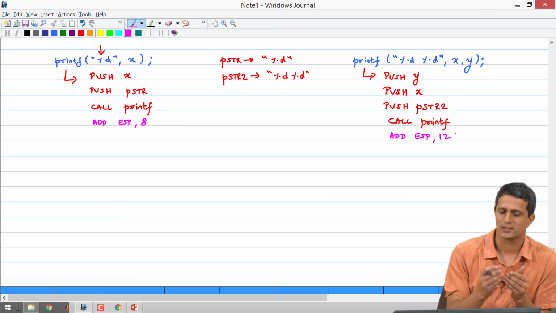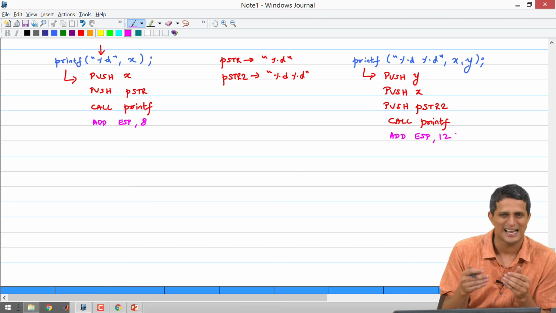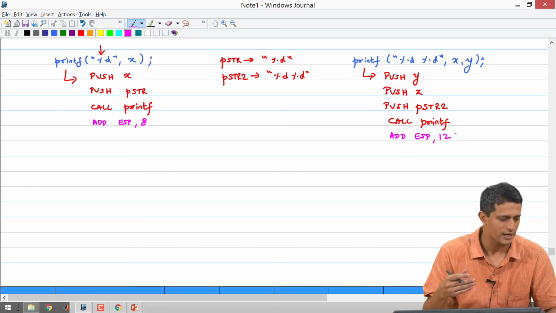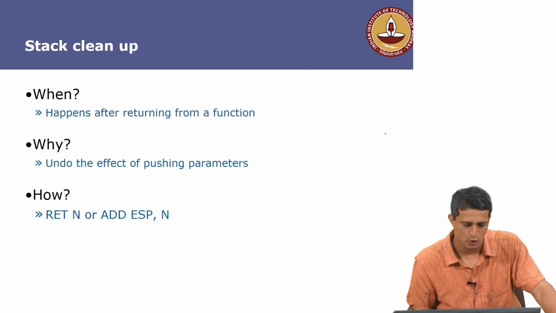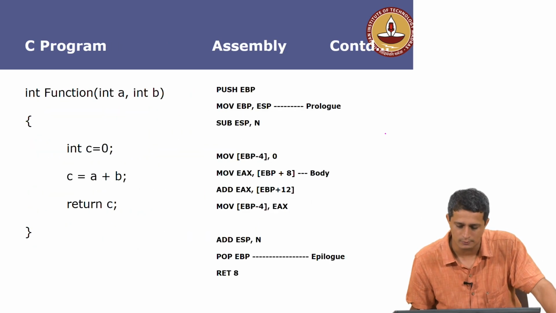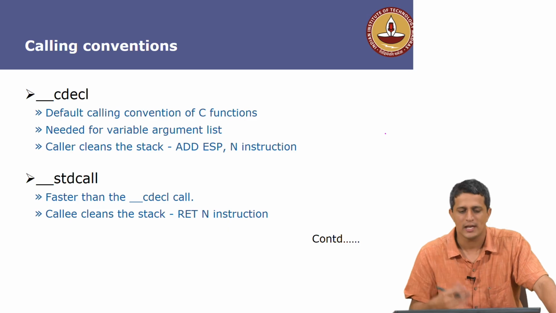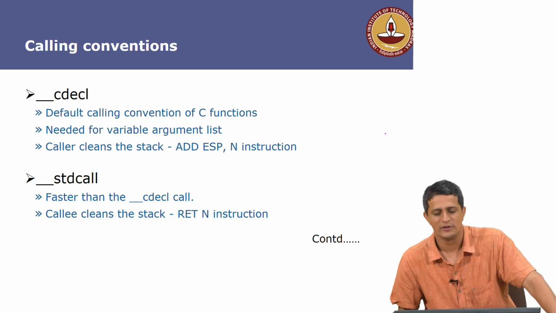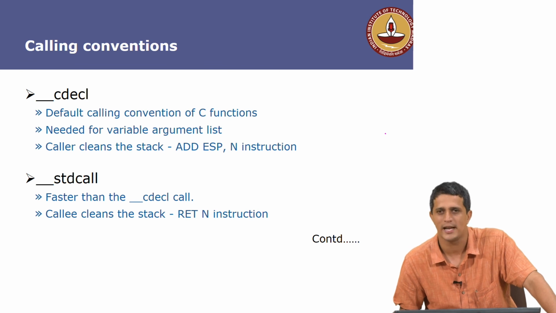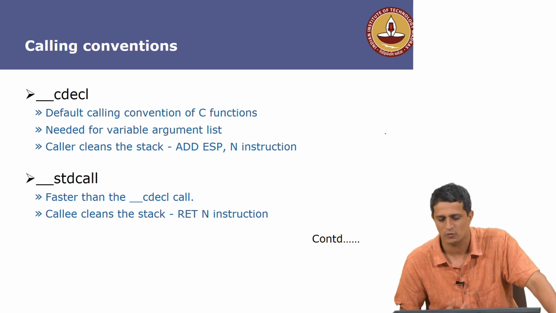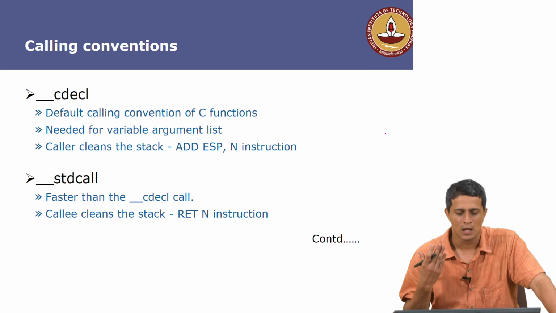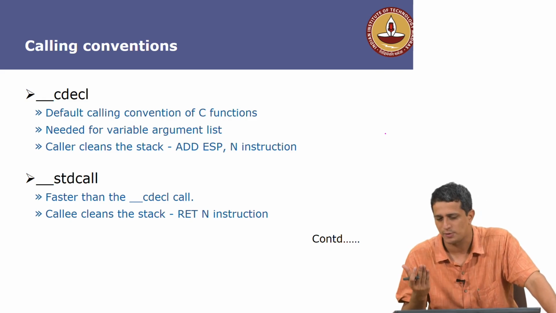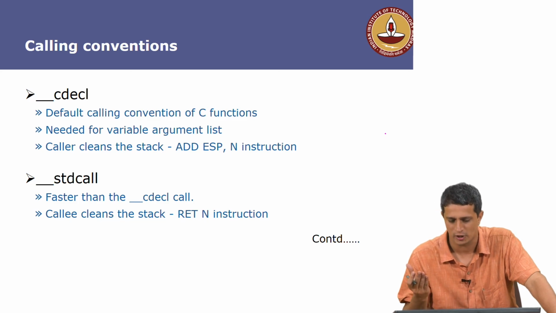So this calling convention and stack cleanup are sort of related, and you have a particular calling convention as they call it in Windows programming, right, which is __cdecl, where what this means is that by default this is the calling convention in C programs, by the way, in C functions.